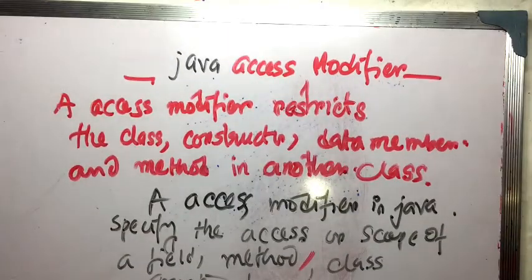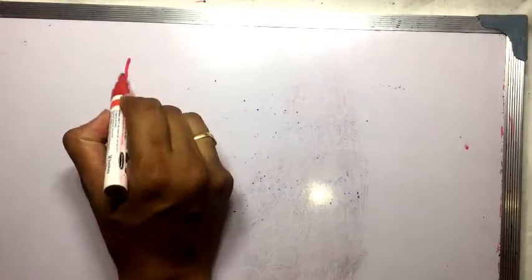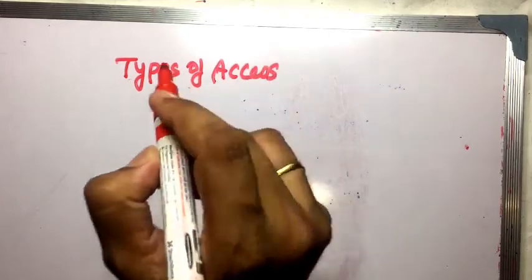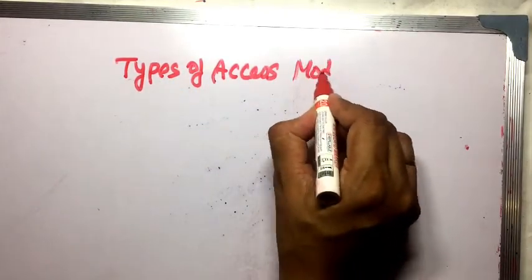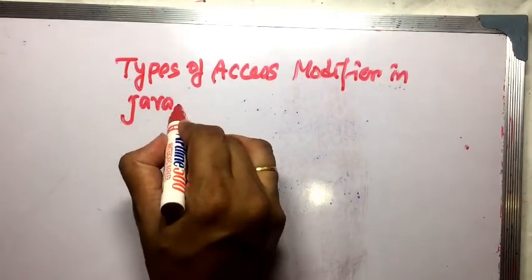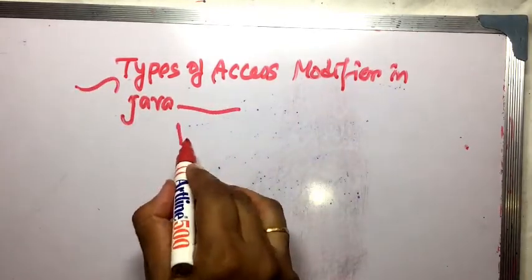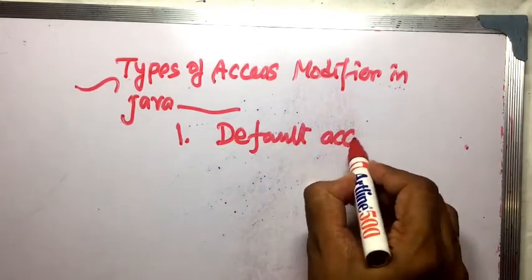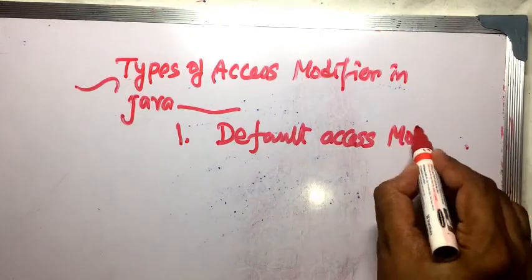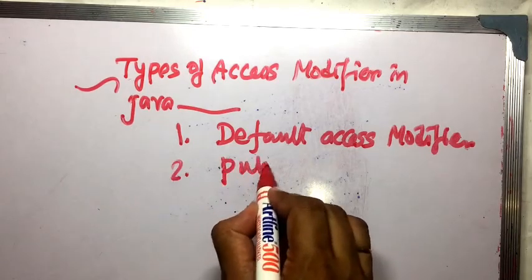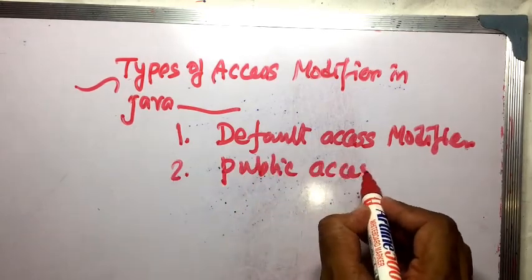There are 4 types of access modifier in Java. Number 1, default access modifier. Number 2, public access modifier.